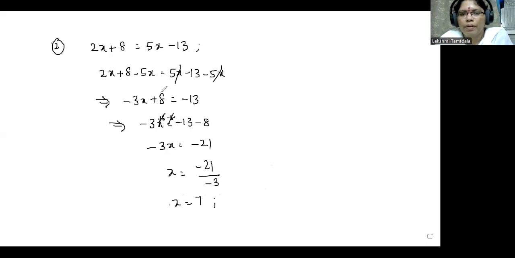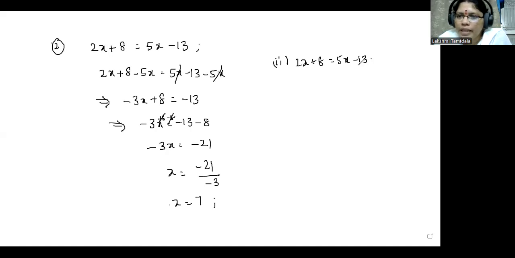This is one type. We undo all the mathematical operations here. But in this case, the second method is, with 2x + 8 = 5x - 13, we bring variables onto one side and constants onto the other side.